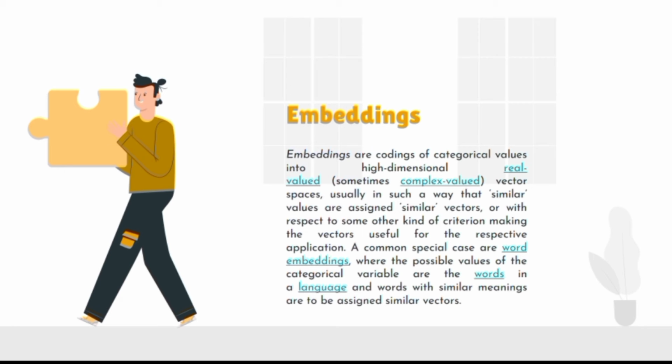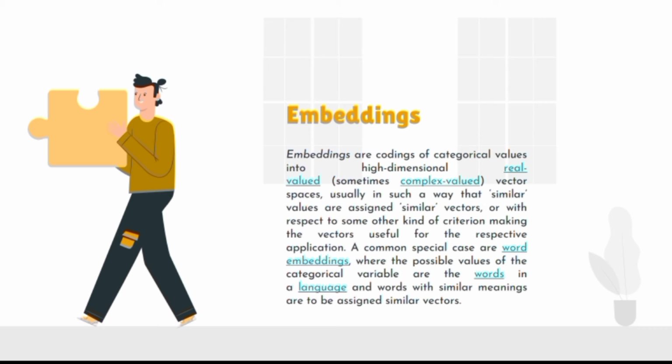Okay, next, there's embeddings. Embeddings are coding of categorical values into high-dimensional real valued, sometimes complex valued vector spaces, usually in such a way that similar values are assigned similar vectors or with respect to some other kind of criterion, making the vectors useful for the respective application.